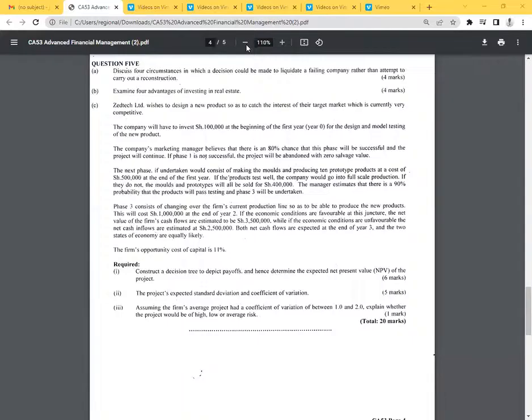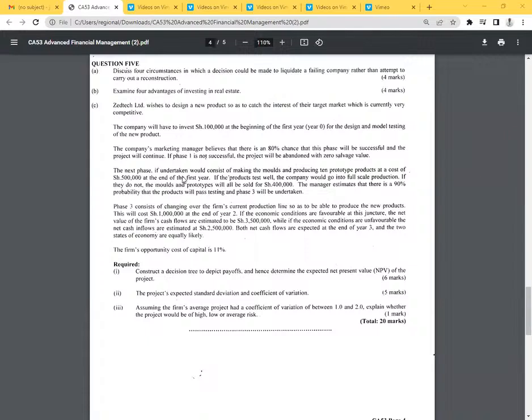Great. So I believe, ladies and gentlemen, that you have attempted it, and now Mwalimu should be able to finish it off. So what are we told here? Tev Limited wishes to design a new product so as to catch the interest of their target market, which is currently very competitive.